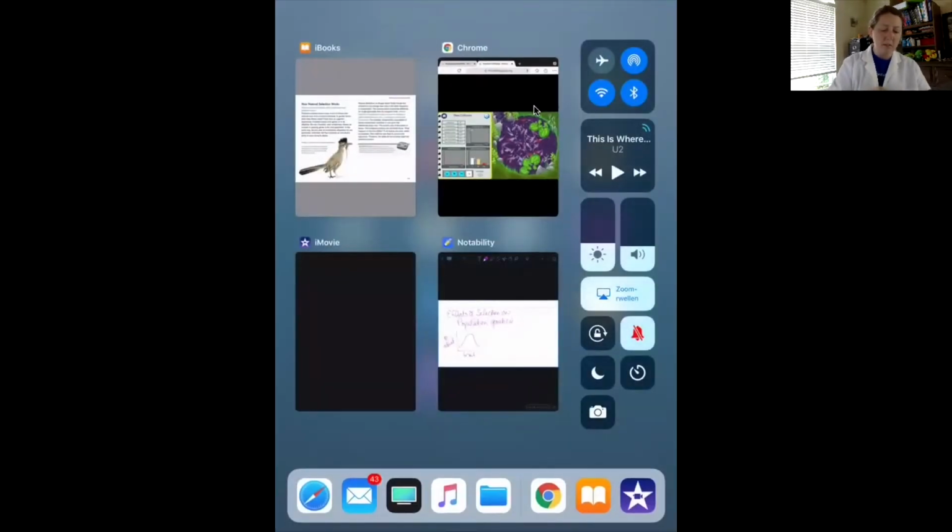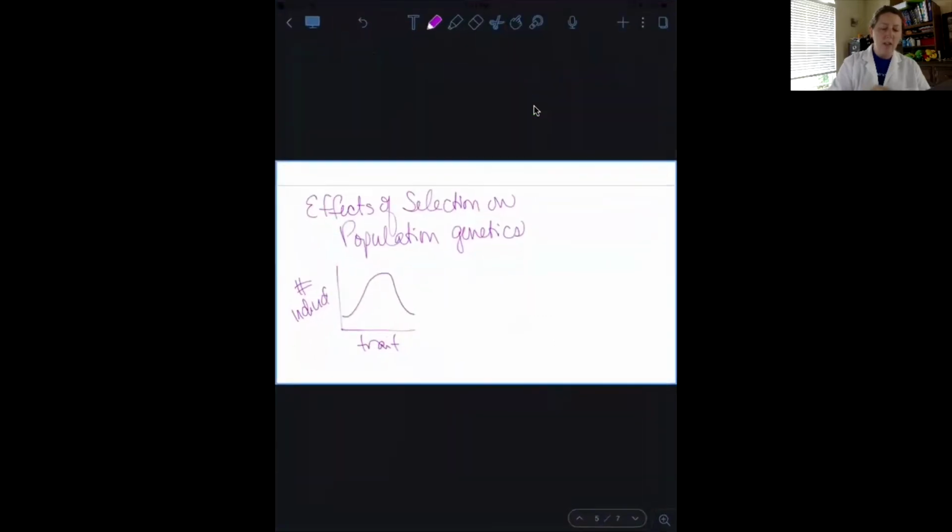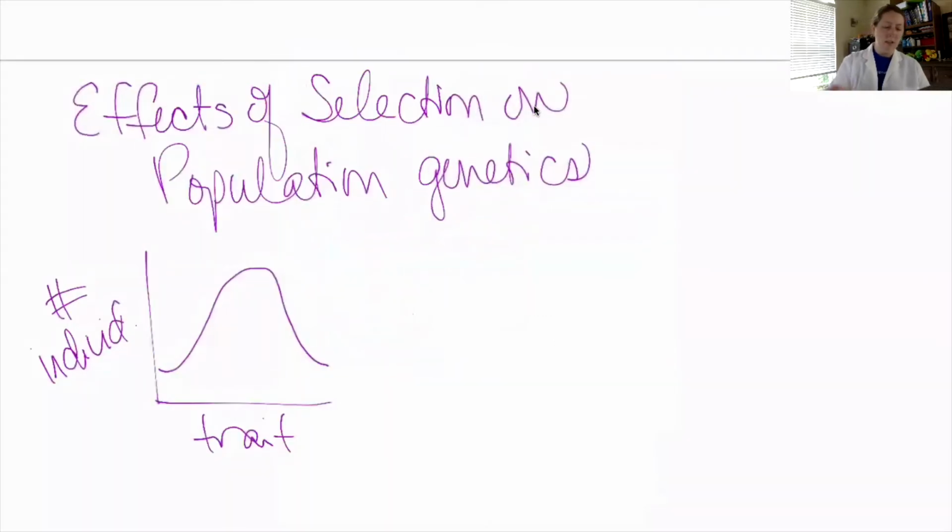So if I go back to my graph here, this is the trait normally, where some have one end of the trait, so this could be the white fish, and some organisms have the other end of the trait, so this would be the orange fish. We selected against the orange, so let's put the orange out here and the white out here.